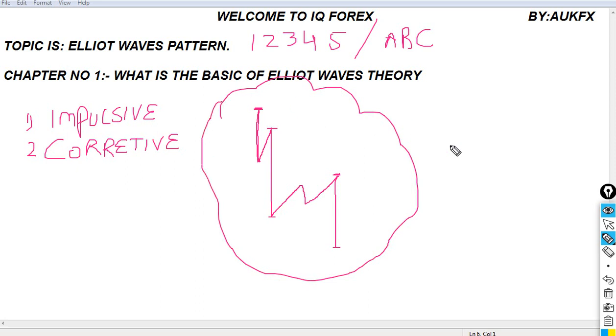Let me change my color into black so you will easily understand. We say that the market goes down according to news like FOMC or NFP. We see that the market from this resistance line goes to a support and then retraces back and then another candle goes down, and then we see a zigzag pattern here.